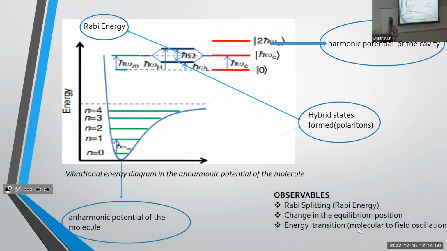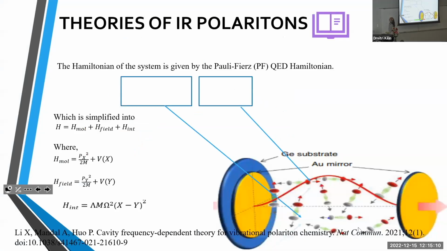The interaction between the photon and the phonon of this system produces three major effects, which are the Rabi splitting, also known as the Rabi energy, a change in equilibrium positions, and also energy transitions from the molecular field to the field oscillations, which will be described much later.